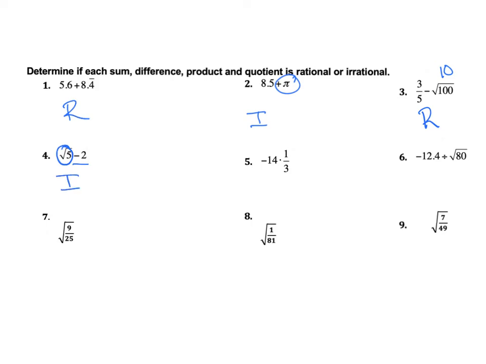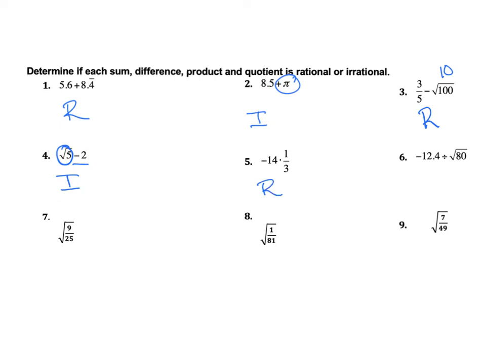Number 5, we have negative 14 times 1/3. Negative 14 is just an integer, and 1/3 is rational. So the entire thing, because it doesn't have any part that is irrational, is going to be rational.